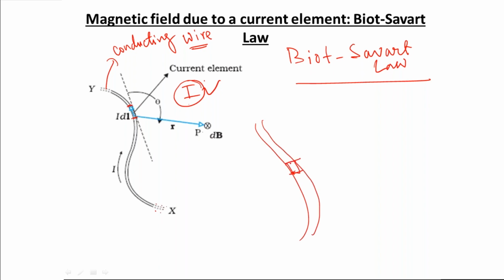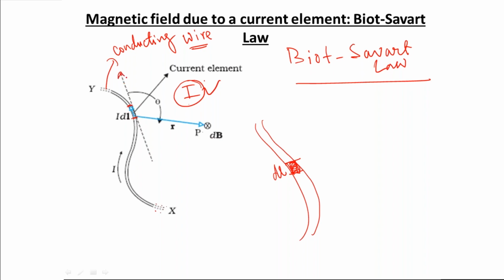What I can do is take a small element of this wire, a small part of it, which is called an element of the wire, and I denote it as dL, as written here. And as I told already, the direction of this dL will be in the direction of the current, or tangent to the wire.